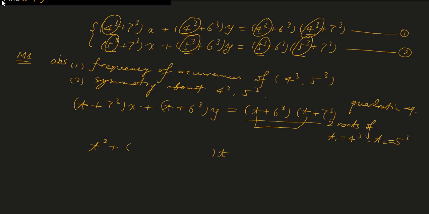And we have different components about the coefficients of t. So from the right-hand side, we have a 6 cube. We also have a 7 cube, right? So 6 cube will be part of the coefficient, plus 7 cube is also part of the coefficient. And then let's look at the left-hand side. So if we expand these brackets, we will have an x here, and we will have a y here.